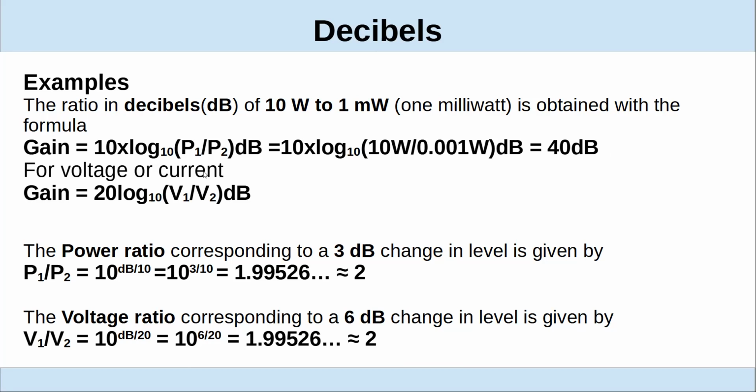If we were doing the same kind of thing with voltage or current, it would be the 20 log formula. Now, to go the opposite way, and I believe this one only shows up on the extra exam, there is a question where you want to go in the opposite direction. You know what the dB is, you want to find what the ratio is.